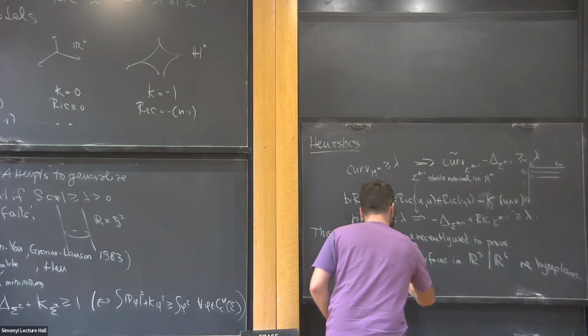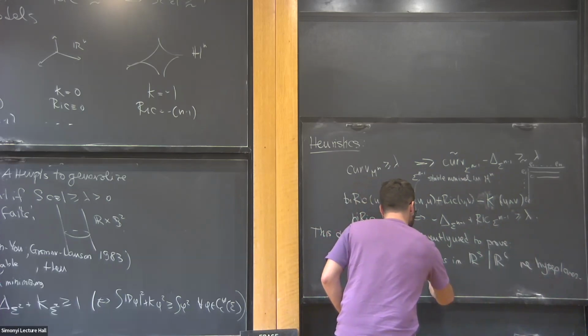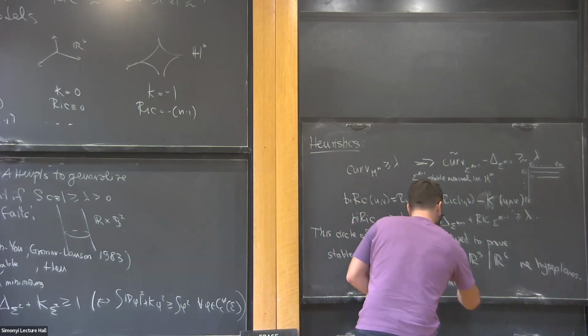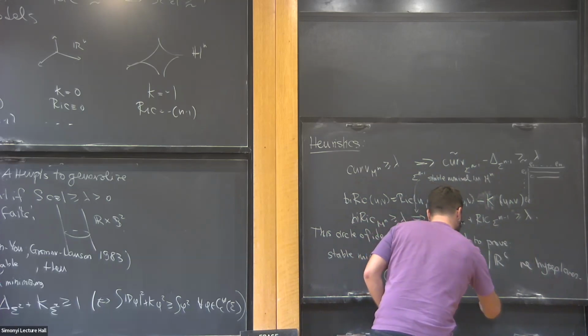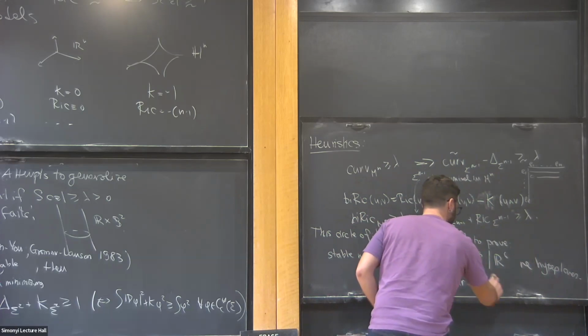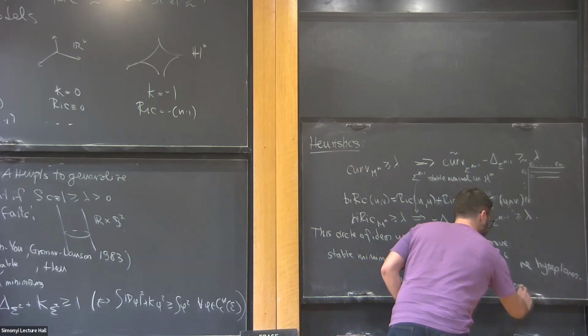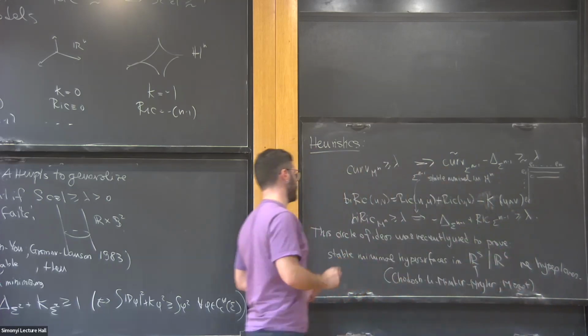This is a contribution of Chodosh, Li, Minter, and Stryker in R5, and in R6 it's a contribution of Mazet.